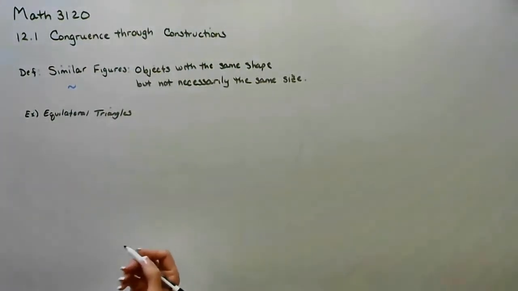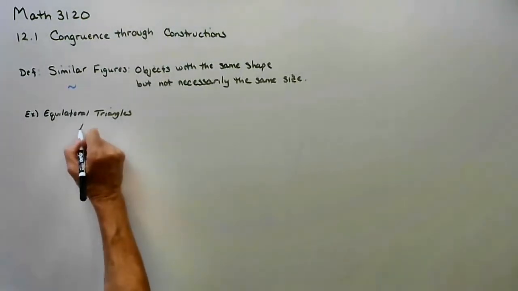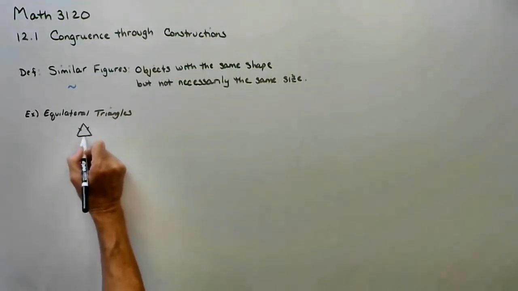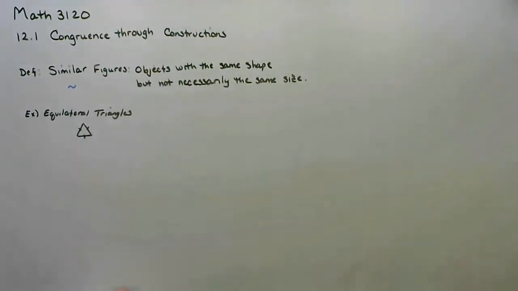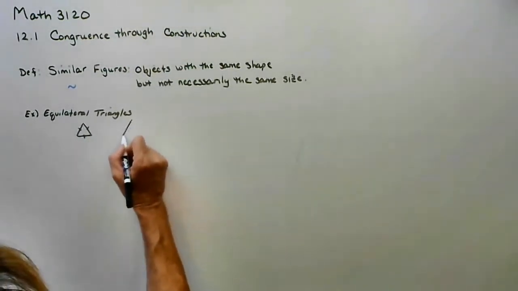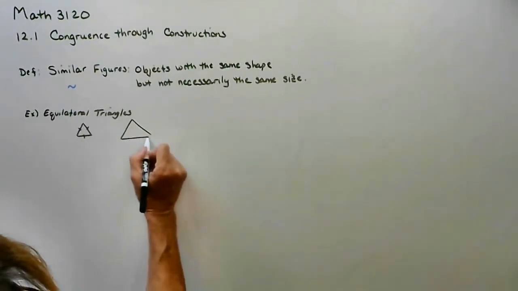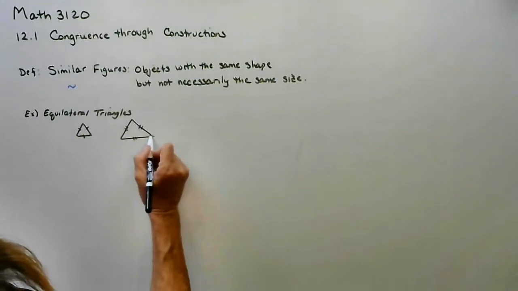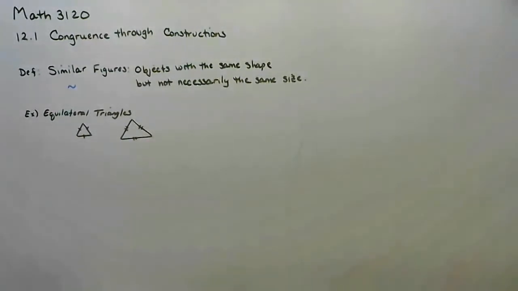can be similar, meaning I could have this very small equilateral triangle where all three sides are congruent to each other. I could have another equilateral triangle where all three sides are congruent to each other. But when looking at them, they're clearly not the same size. So one of them might be twice as large or half as large, something like that. So these would be considered similar.